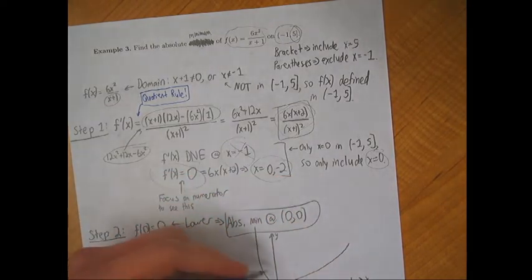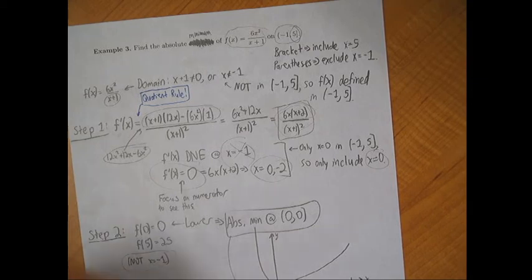So essentially, here's our origin. The origin is our absolute minimum, as we already established. But what you also notice is that as x approaches -1 from the right, it ends up blowing up to positive infinity.